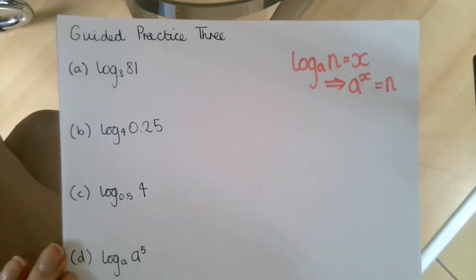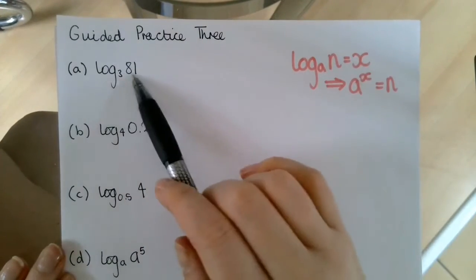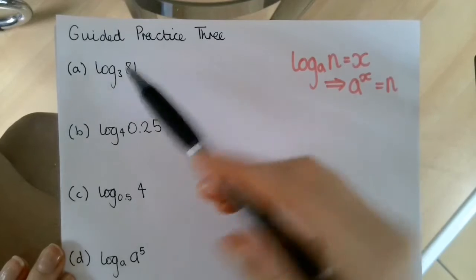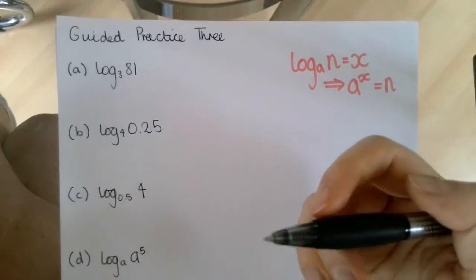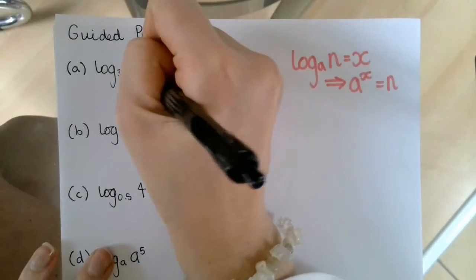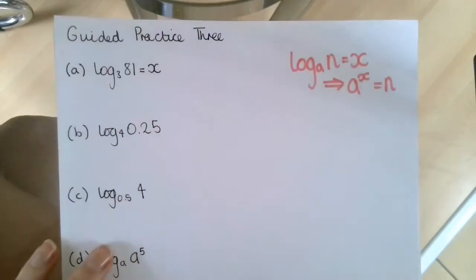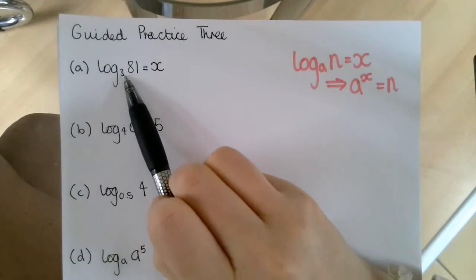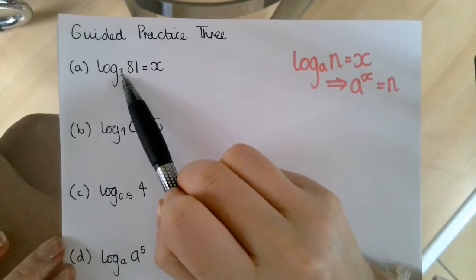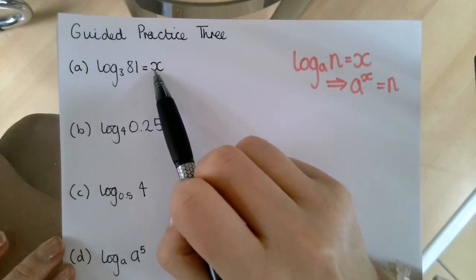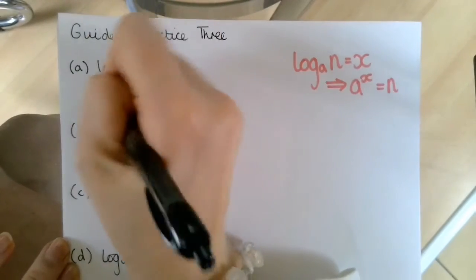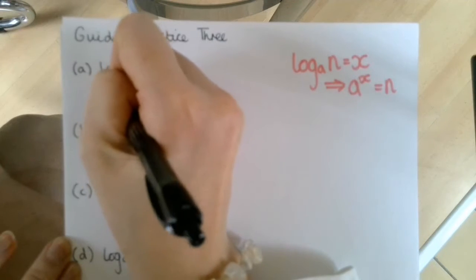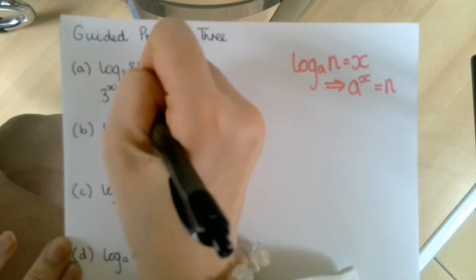For guided practice 3, we are given a logarithm and we want to work out what this logarithm is equal to, but without using a calculator. So if we let this equal x, what we're trying to work out here is what x is equal to when base 3 is raised to the power of x, and the answer is 81.